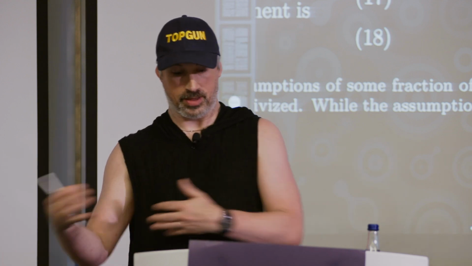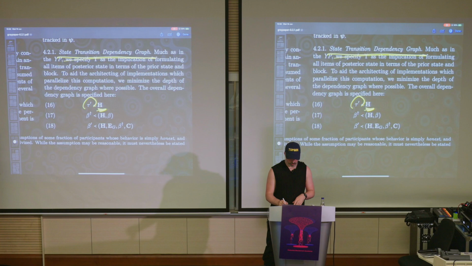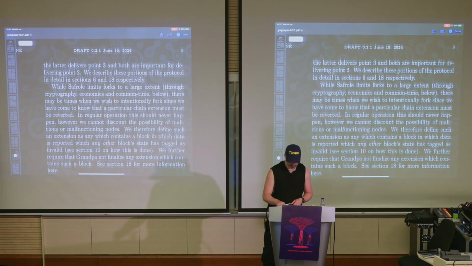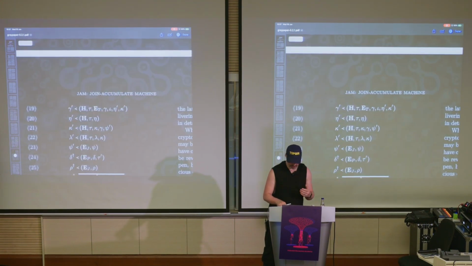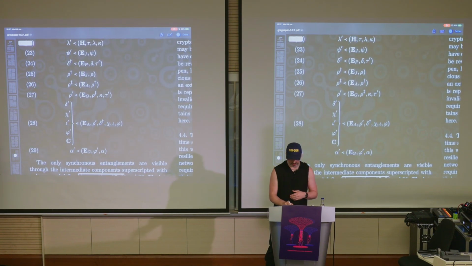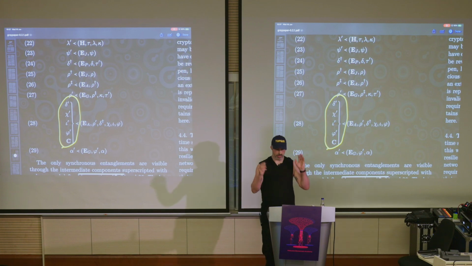We use beta dagger for that, but we also combine a couple of other things, including the report guarantee portion of the extrinsic, capital bold E, subscript capital G. And we also use this C thing. This is a bit of data that we calculate later on in the block, during the accumulation phase. It's just sort of an anonymous variable.